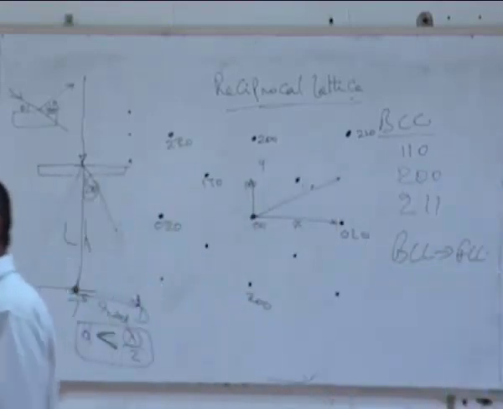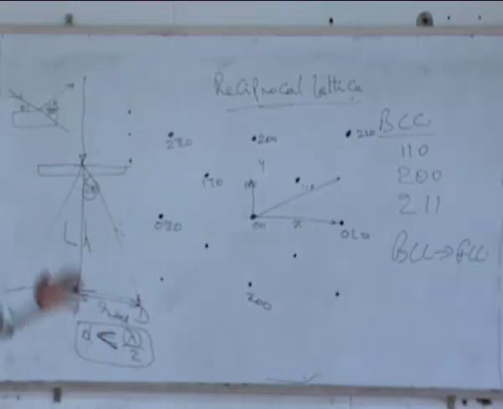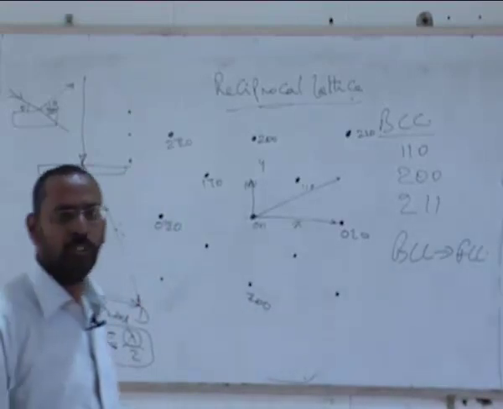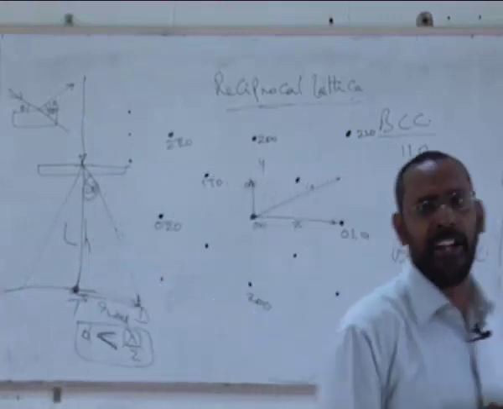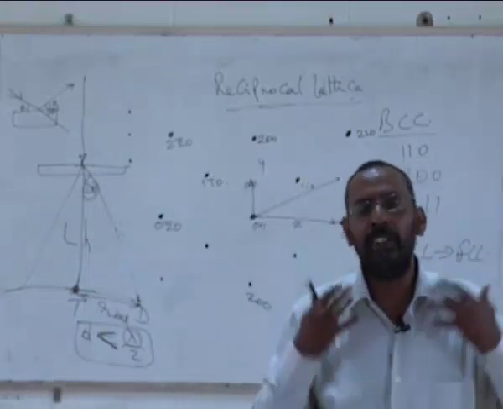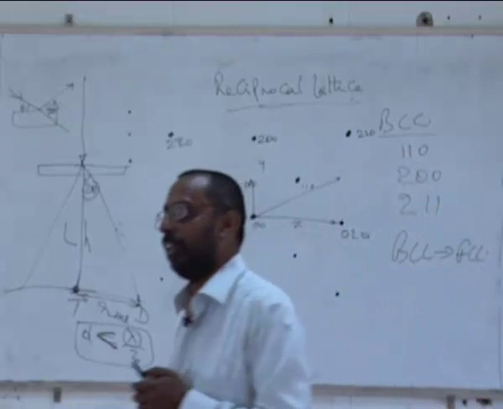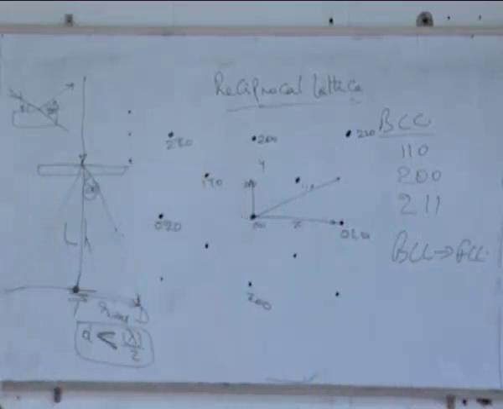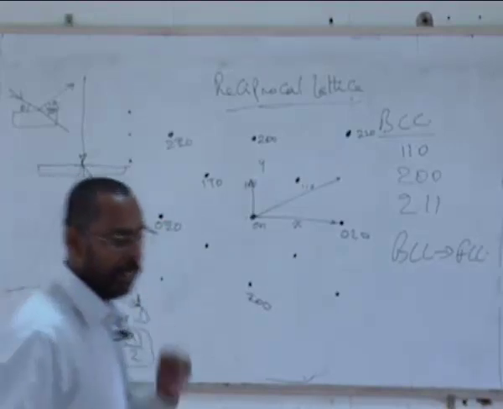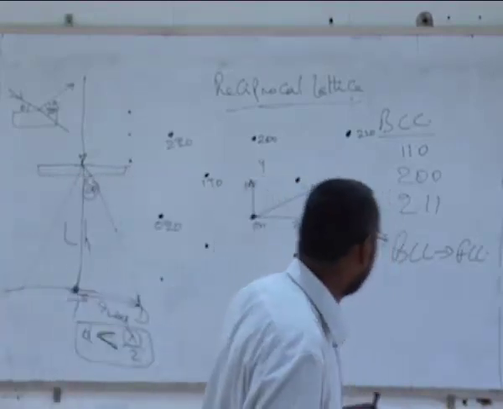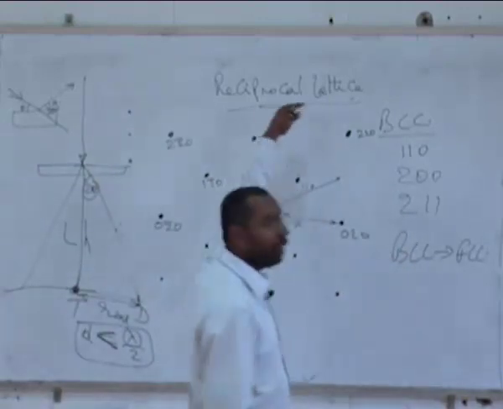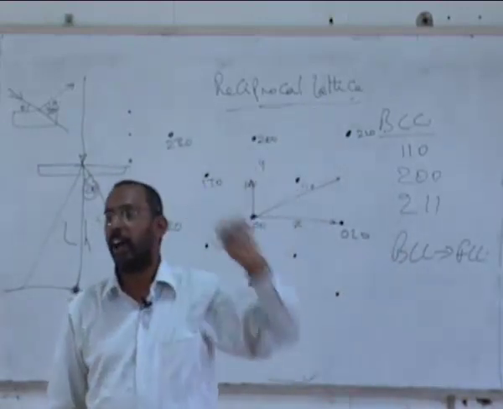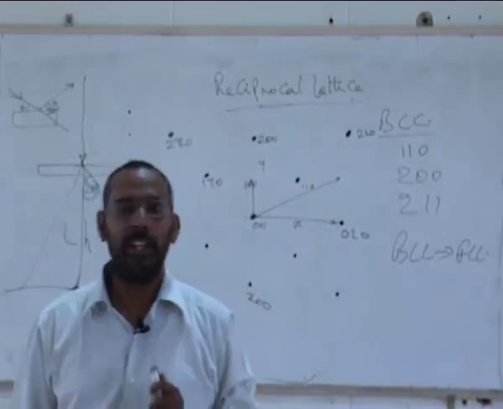One can prove this very easily, if you can draw like that. So this is how we can use the reciprocal lattice to understand the relation between a real lattice and a reciprocal lattice. There is a lot of mathematics involved in it. At your level, I don't think I want to go into that, but it is important that we understand the concept of the reciprocal lattice and where it is useful.